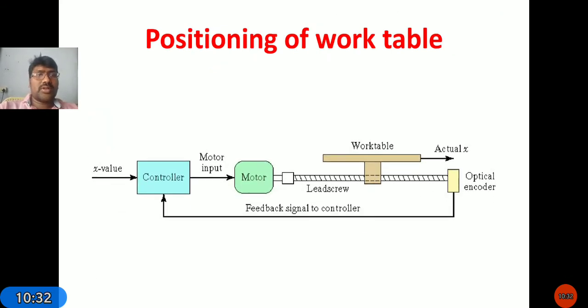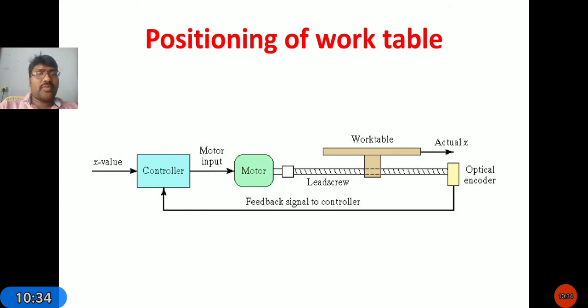Observe in this diagram, with the help of closed loop control system, we can simply move the work table by giving the input from the control system. It will send the signal to the motor. Here the motor is an actuator. It will rotate by taking the signal from the controller. By rotating this lead screw, the work table will move towards the right end.